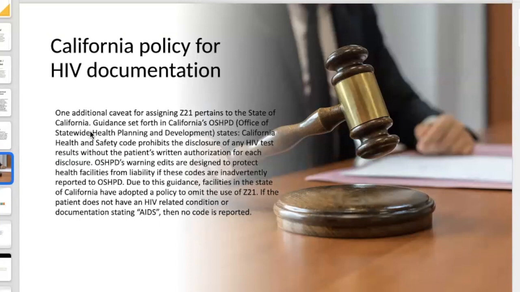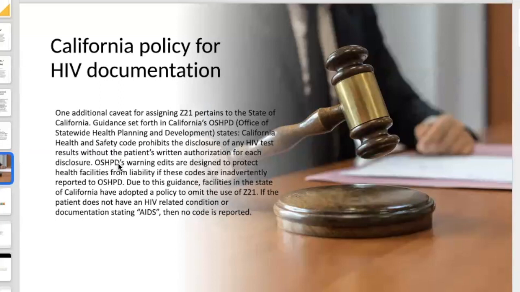One additional caveat for assigning Z21 pertains to the state of California. Guidance set forth in California's OSHPD, Office of the Statewide Health Planning and Development, states California Health and Safety Code prohibits the disclosure of any HIV results without the patient's written authorization for each disclosure.